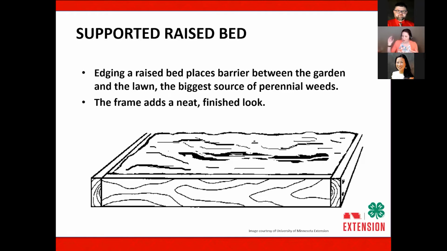Now, when we talk about installing this, there are a lot of questions that I get about, do I put plastic down first? And the answer is no, we don't put plastic down first. We don't put rock down first. We want that plant root to be able to go down, and we want that water to be able to drain out.